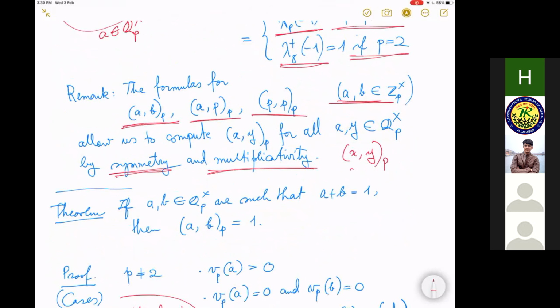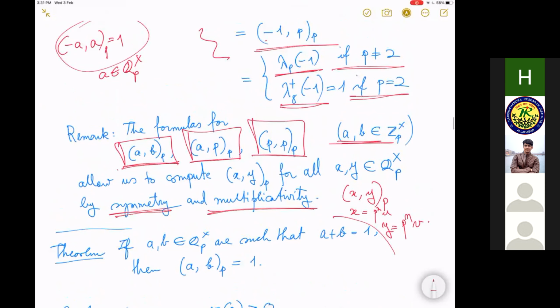Because every x can be written as some P to the power m times u, and y can be written as P to the power n times v, and then by multiplicativity you end up with one of these three computations, which we have done. So that's another way of understanding what the Hilbert symbol is.